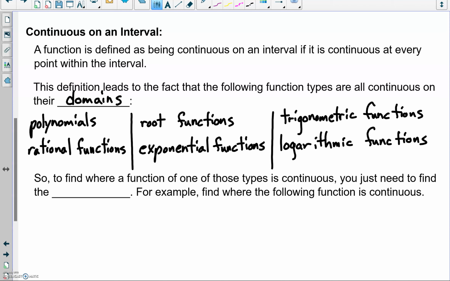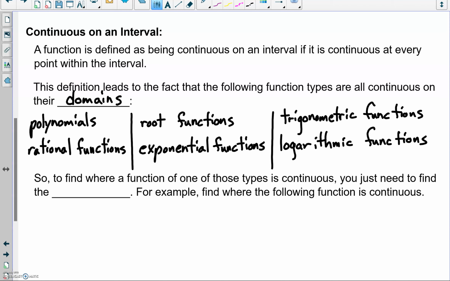Polynomials are always continuous on all real numbers. Rational functions, anywhere we actually draw the rational function graph, that's where it's continuous. Root functions, exponential functions, trigonometric functions, and logarithmic functions all have that same idea where they're continuous on their domains.